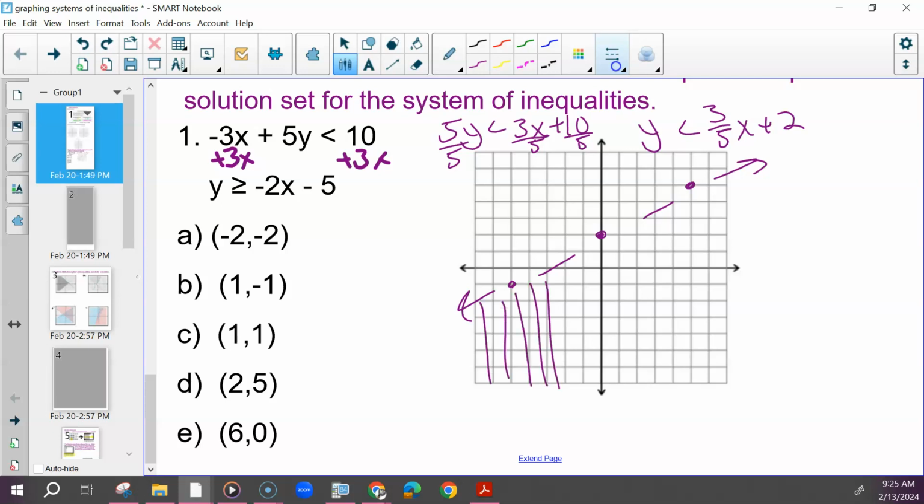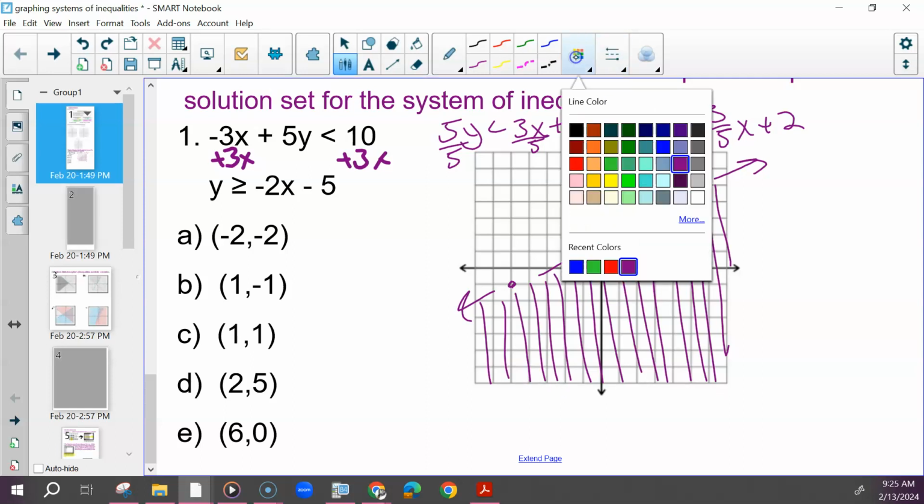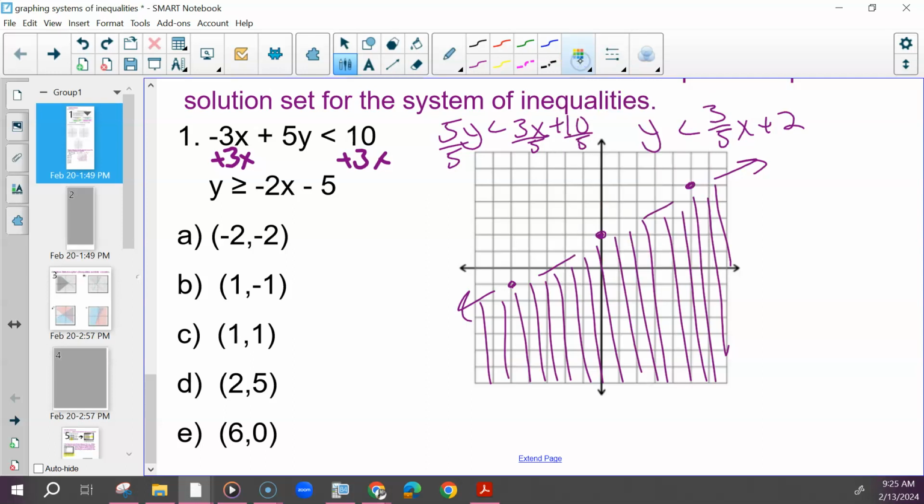Shade that. I'm going to draw this in lines so it's a little bit easier to see when we do both. Right, and then the other one is already solved for you. So you just need to graph that one.